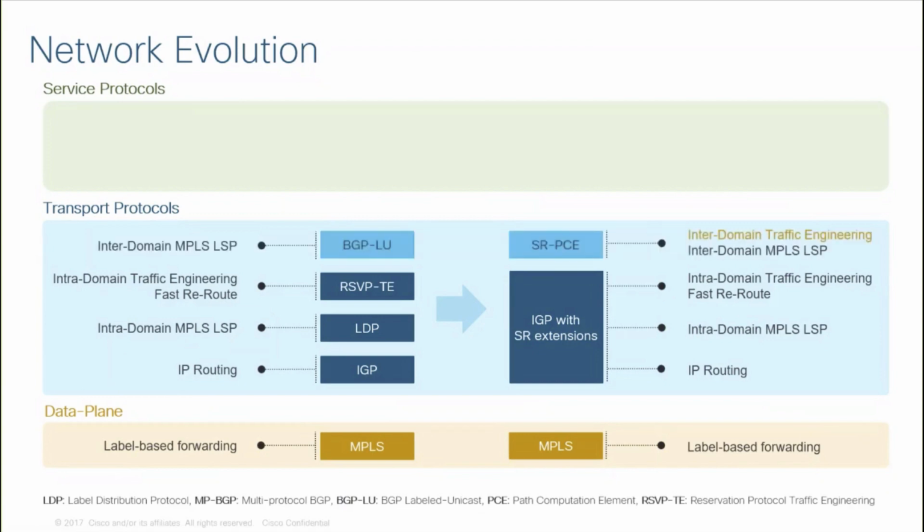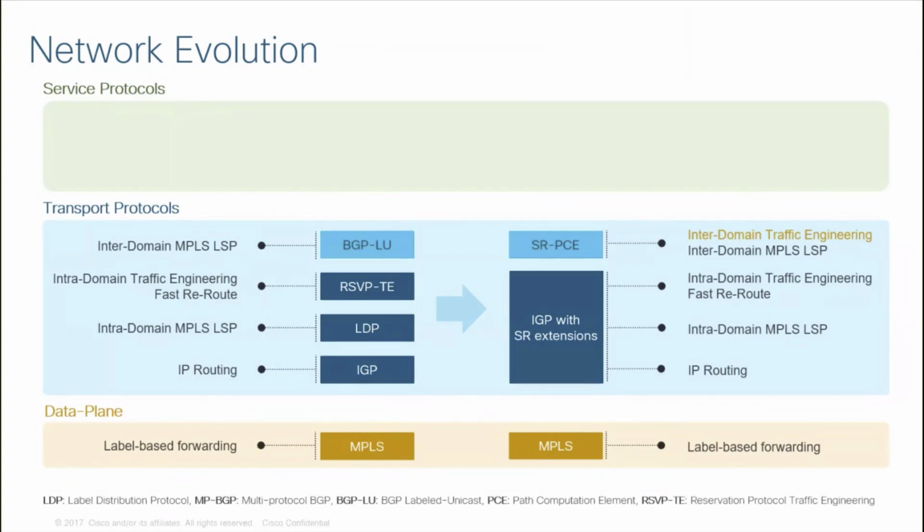Now, for those of you operators who have larger networks or multi-domain networks, today you probably use a design with BGP labeled unicast, BGP-LU, also called seamless MPLS, where BGP on top of the intra-domain LSP signaling can also signal the inter-domain LSPs. On the right-hand side, you have an opportunity to augment BGP-LU or to replace BGP-LU with a path computation element.